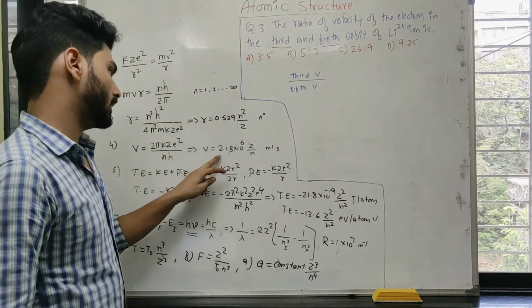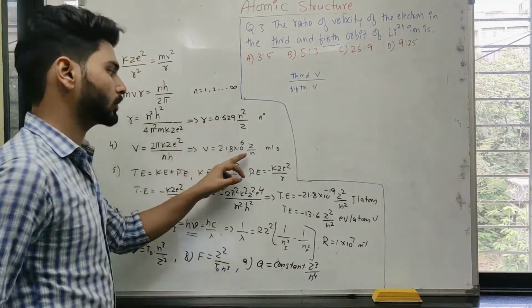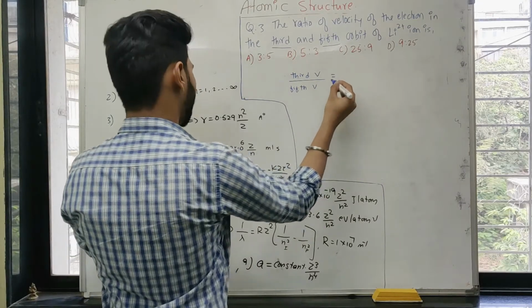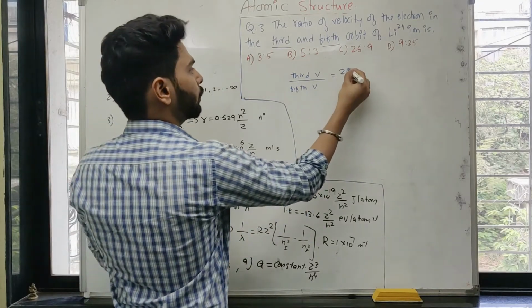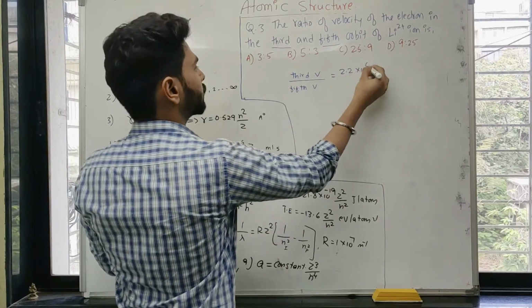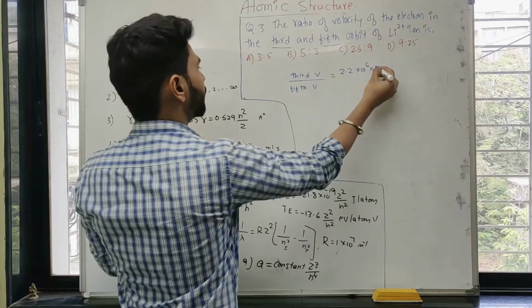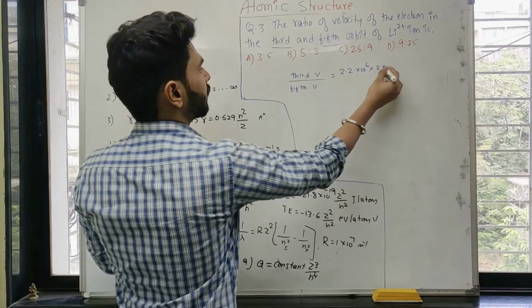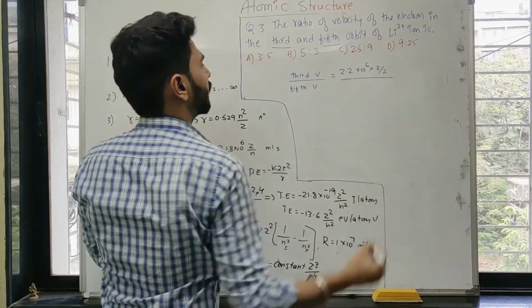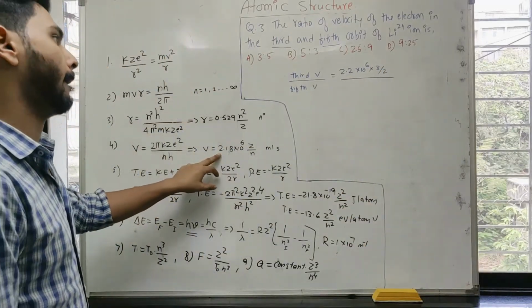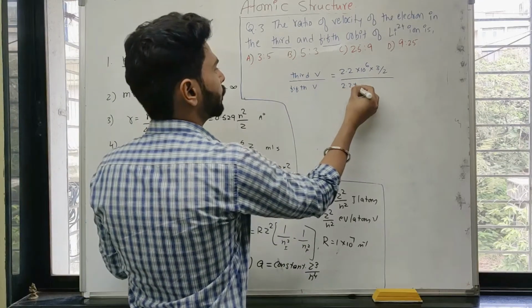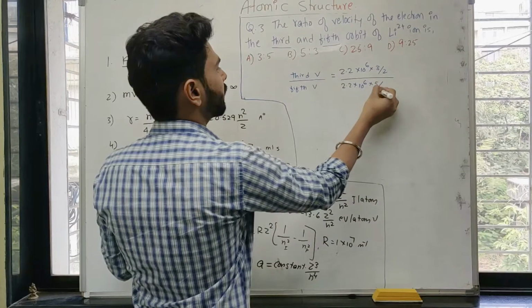So for the third orbit of lithium 2 plus, Z will be common for both of them, but let us write that. So here velocity will be 2.2 into 10 raised to 6 into Z, which is lithium 2 plus, 3 by 2, divided by the fifth orbit, that is again 2.2 into 10 raised to 6 into 5 by 2.